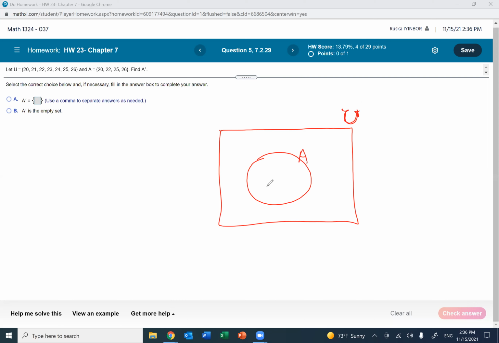The numbers in the set A are 20, and I'm going to put them inside, 22, 25, and 26. So these are the numbers in the set A, and the universal set includes those numbers plus something else.